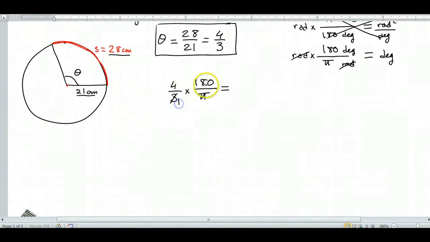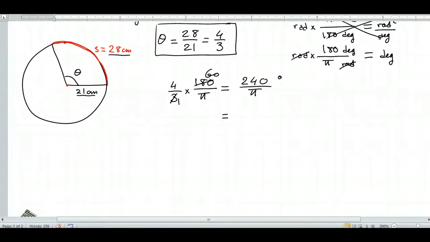Okay, so let's see what's going on here. 3 by 3, 180 by 3, 60, and so it is 240 over pi degree, okay? So this is the exact answer, but in this problem I want you to simplify to the 10th. So I need to get my calculator.